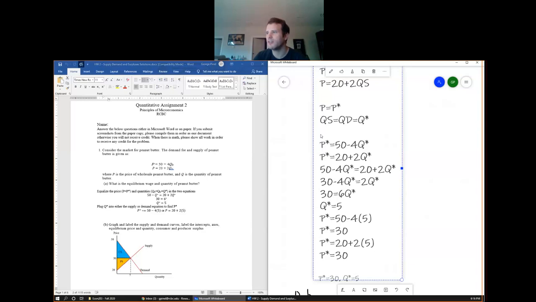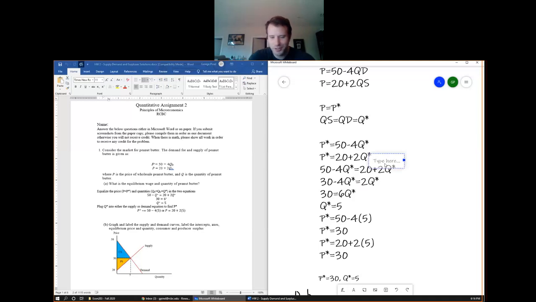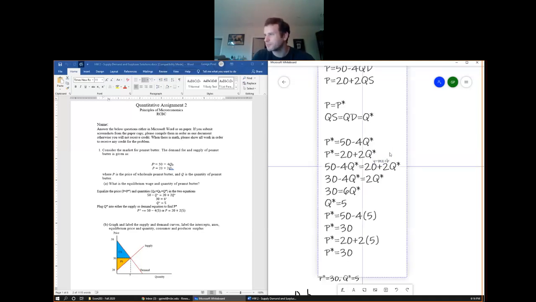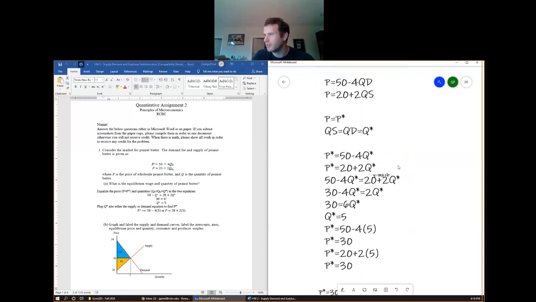So we said that if we put this in a form of y equals mx plus b, I do not know how to control this thing here. It seems like it's coming up anywhere that it wants to, but whatever. Y equals mx plus b, right? Yeah.